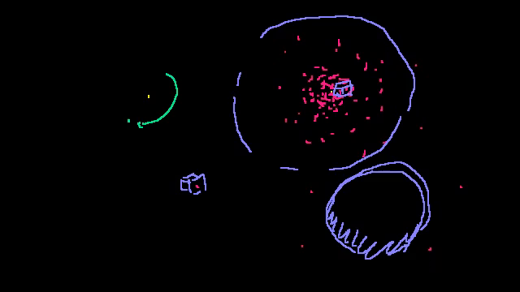And then in the last video, we said the electrons fill up the orbitals from the lowest energy state to the highest energy state.